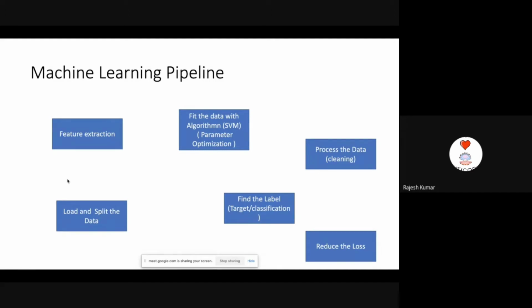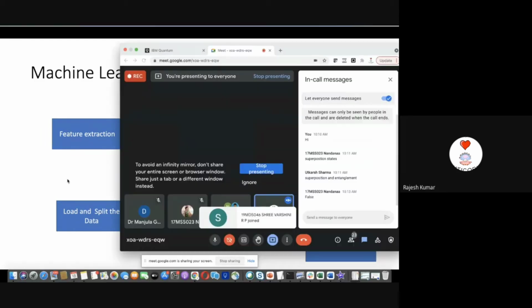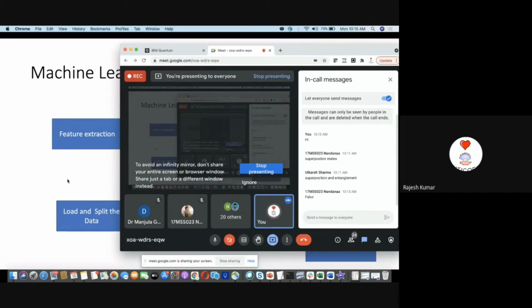Okay, another thing we need to keep in mind: can you help me to structure this machine learning pipeline? It is a little scattered here and there. Where will we start? Again, use the chat window. This will help me align what we do with classical and with quantum.